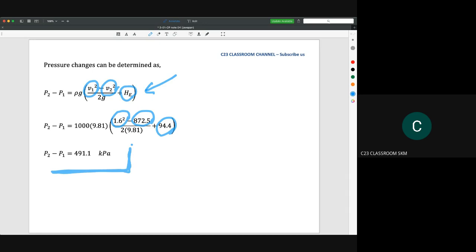Please remember the question is about the pressure difference. If the question asks about the pressure head difference, you need to use P2 over rho g minus P1 over rho g. So this is the pressure head. Please make sure that you know how to differentiate the equations.